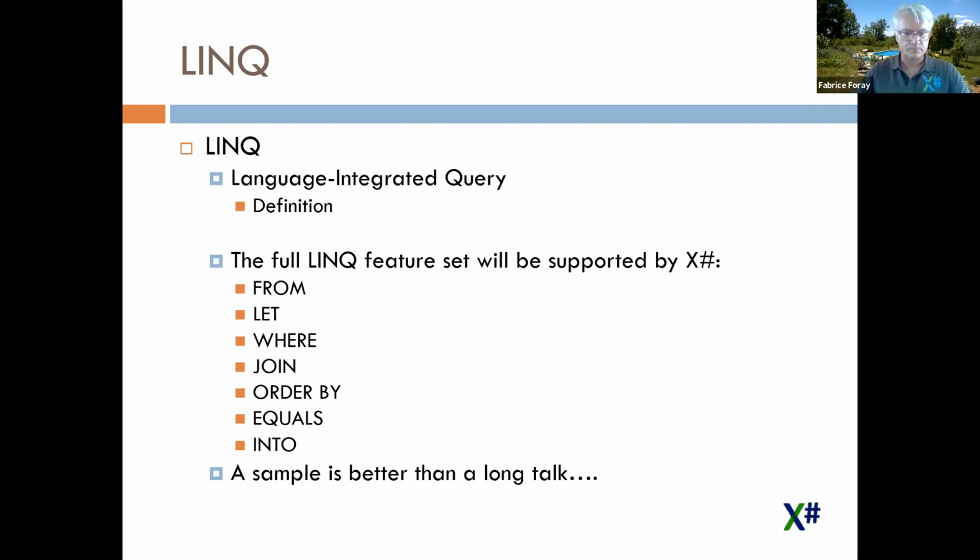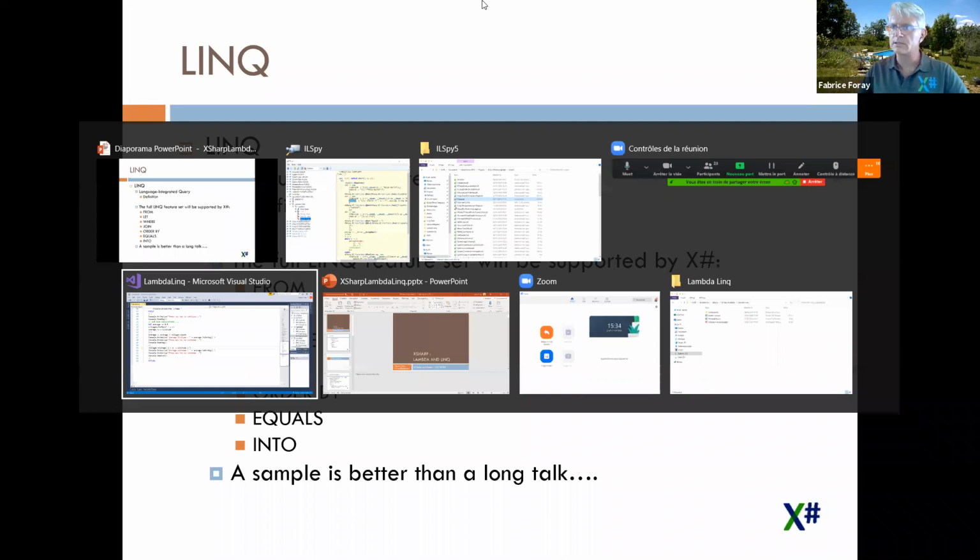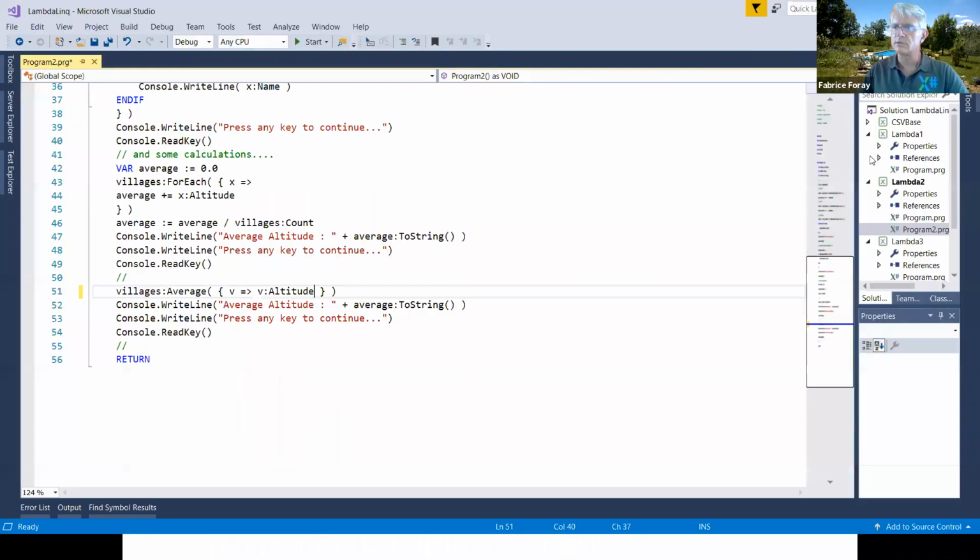So I think it is easy to understand how it works. If you have some samples you want to try, the syntax that we support in X# is exactly the same as the one we have in C#. So let's go for a sample. I think it is easier to understand.